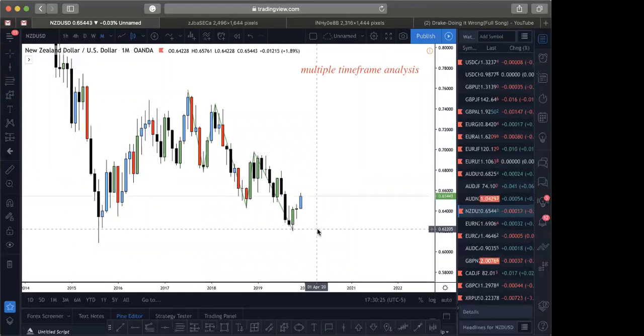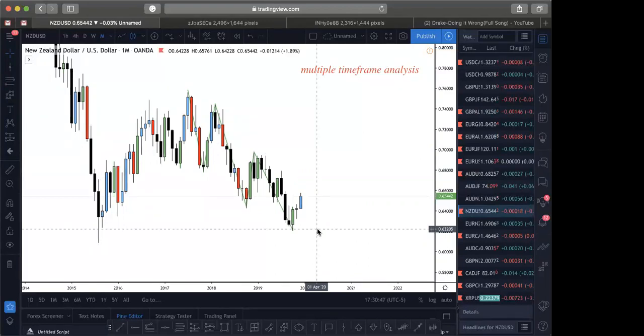when you place a trade, you want all the time frames, or most time frames, aligned with the direction you want the trade to go. So if the monthly, weekly, daily are trending down, you know that short trades are high probability trades.